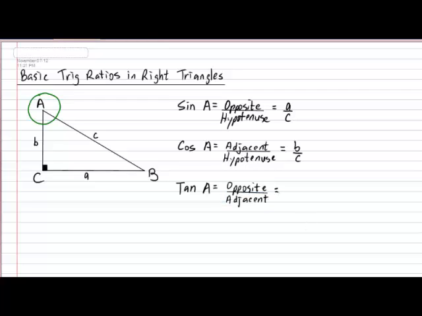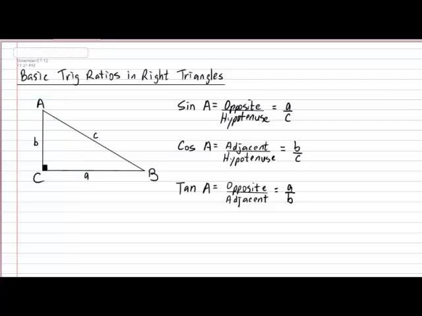And one final time, if we were to refer to the variables set forth in the diagram, then the opposing side is denoted by the letter A, divided by the side adjacent to angle A, which is B.